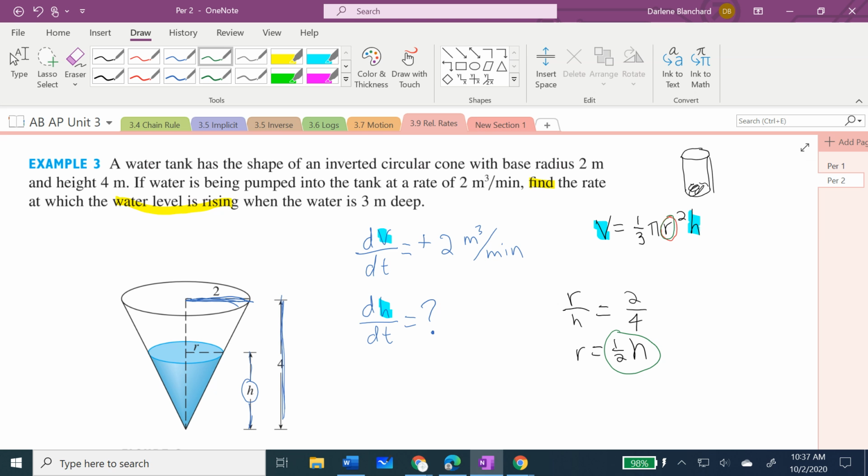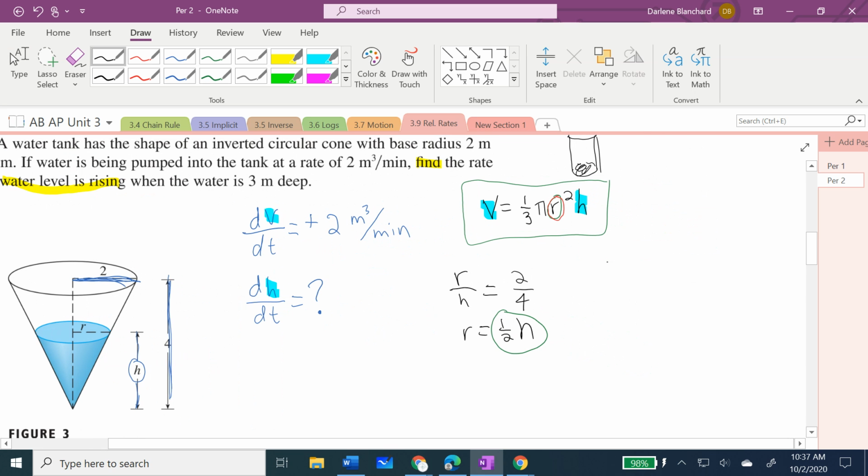And that's the key to when you have more variables in your equation than you are supposed to be working with based on the rates with respect to time. So here we go. We're plugging it in. V equals 1/3 pi times 1/2 h squared.